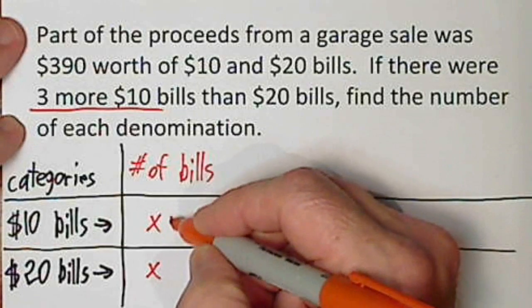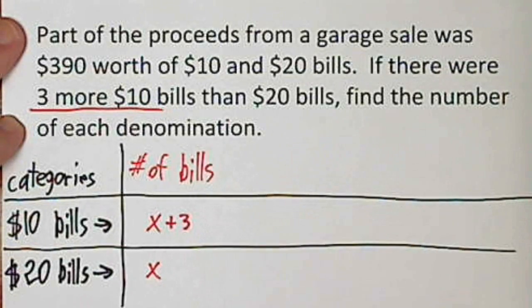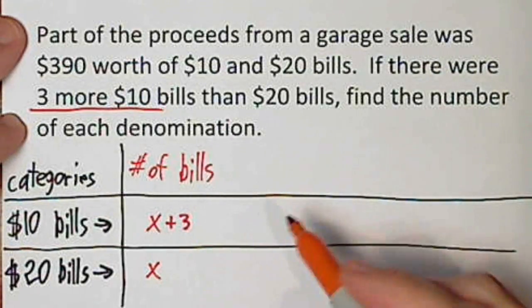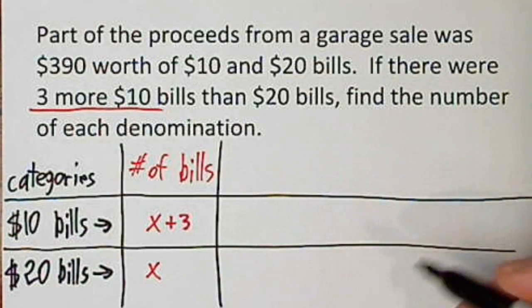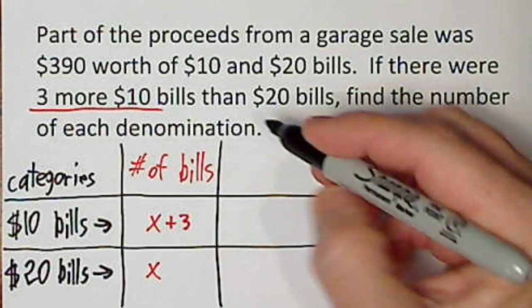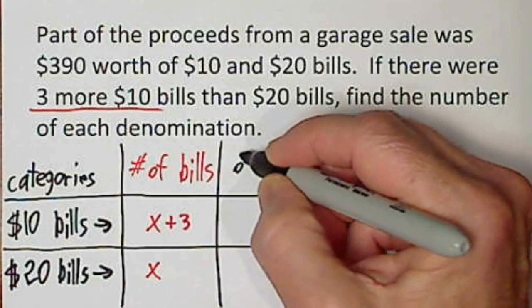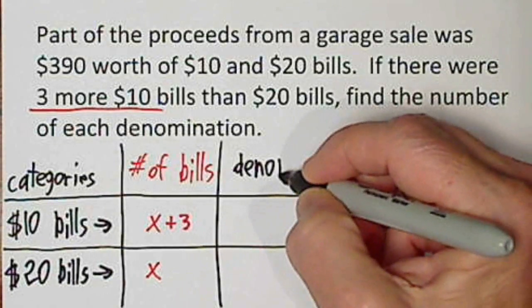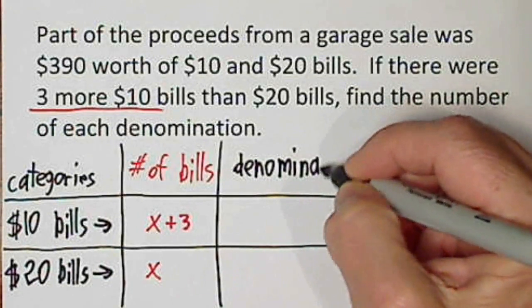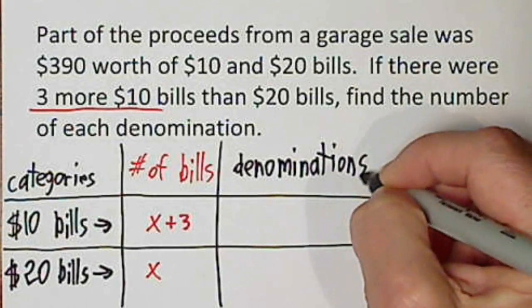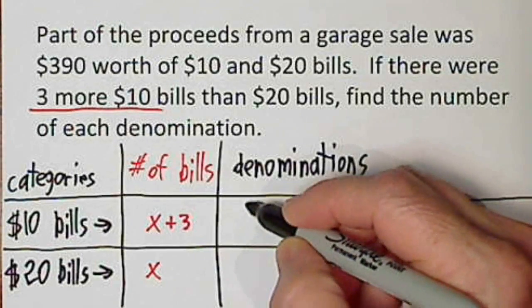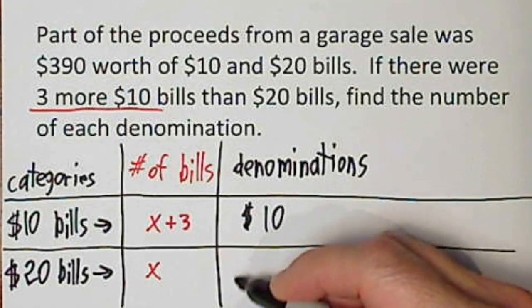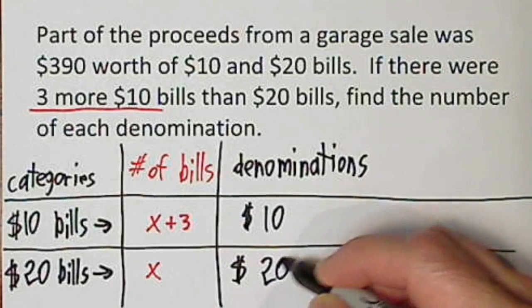That means I have 3 more. Okay, so we have our variables in there, and this is the denominations. Couldn't they find a longer word for that? Alright, so these are the 10s, and these are the 20s.